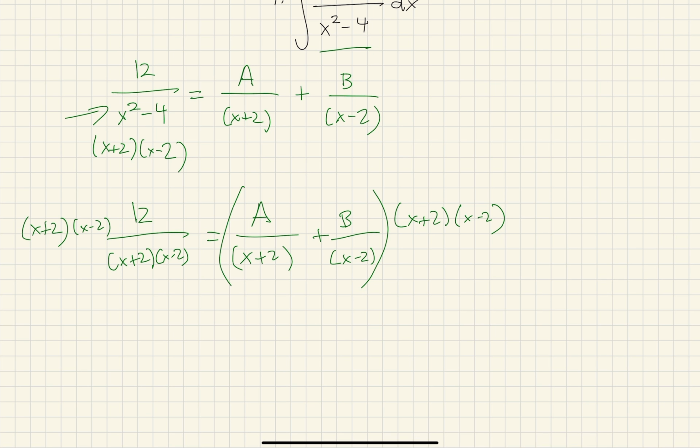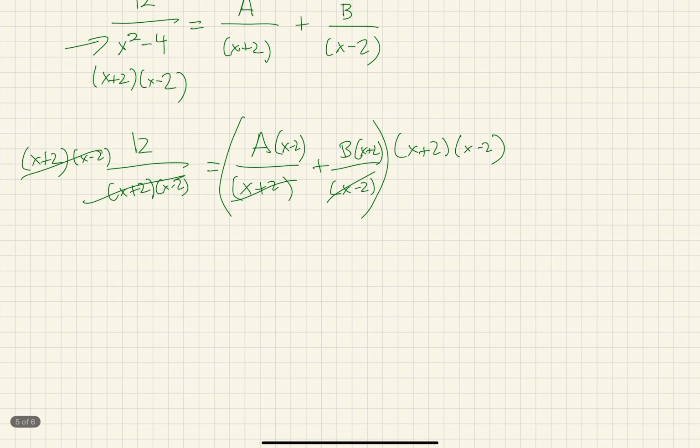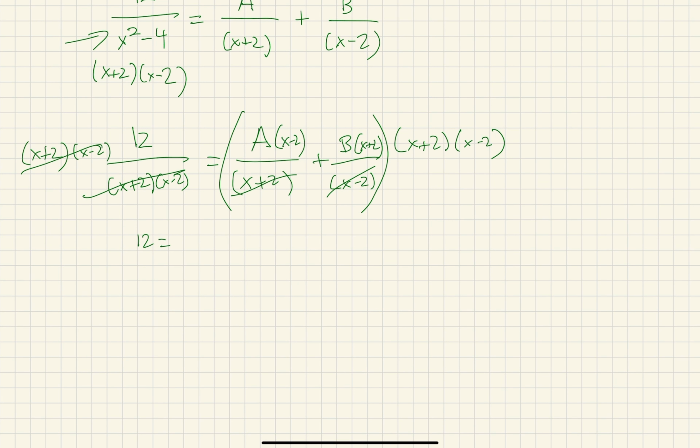Okay, so this cancels. And for this, x plus 2 cancels, but now A gets x minus 2. On this side, x minus 2 cancels, but x plus 2 stays with the B. So now, rewriting this, we get 12 equals Ax minus 2A plus Bx plus 2B.